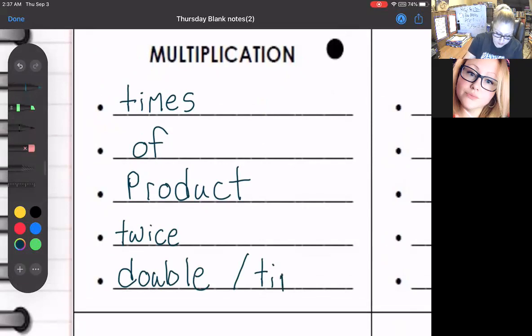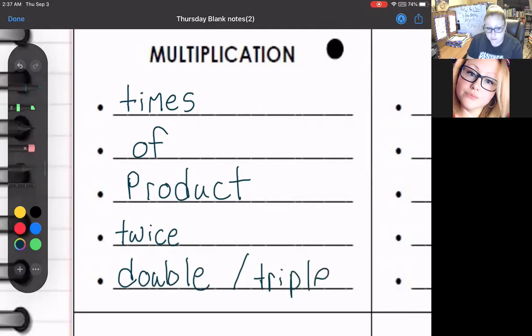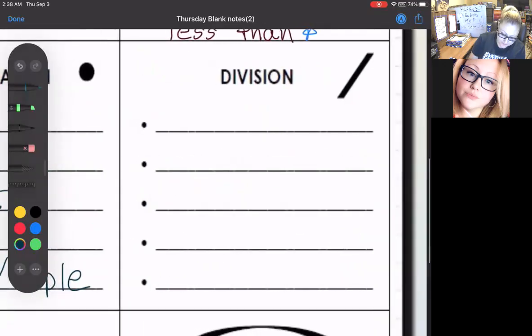Oh, let me spell triple right. And again, if you come up with some other ones, let me know. Pause if you need to, and then let's talk about division.